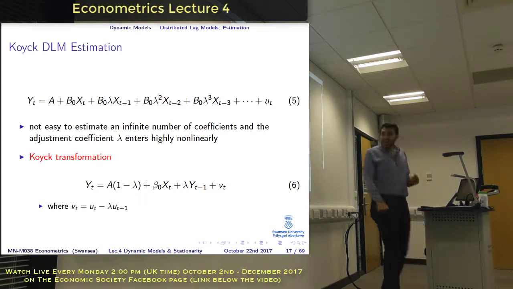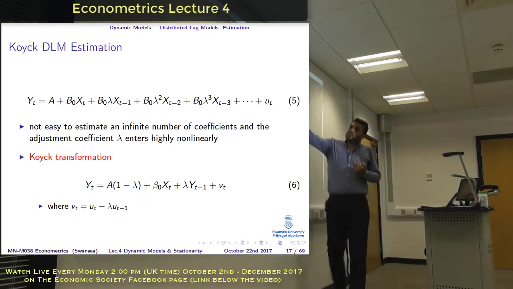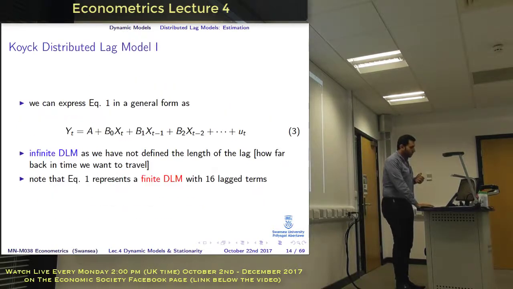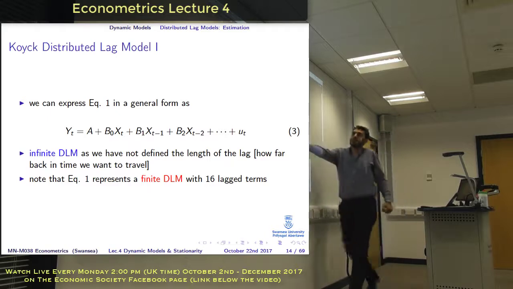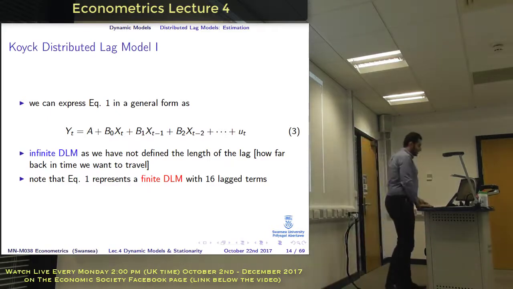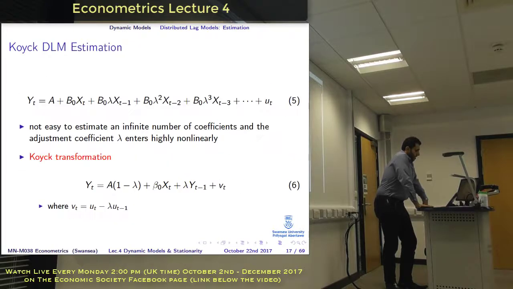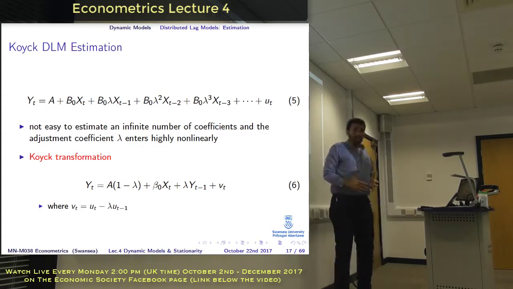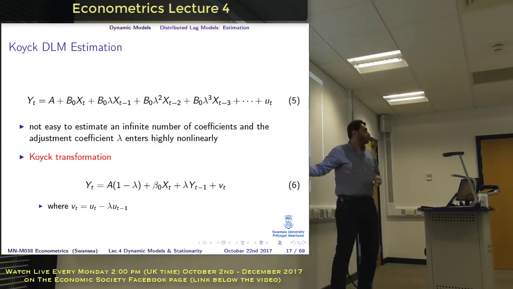So you see how useful this is. We transform the model from a form with an infinite number of betas to another form of the same model where we need to estimate only 3 parameters. These are the parameters we need to estimate.